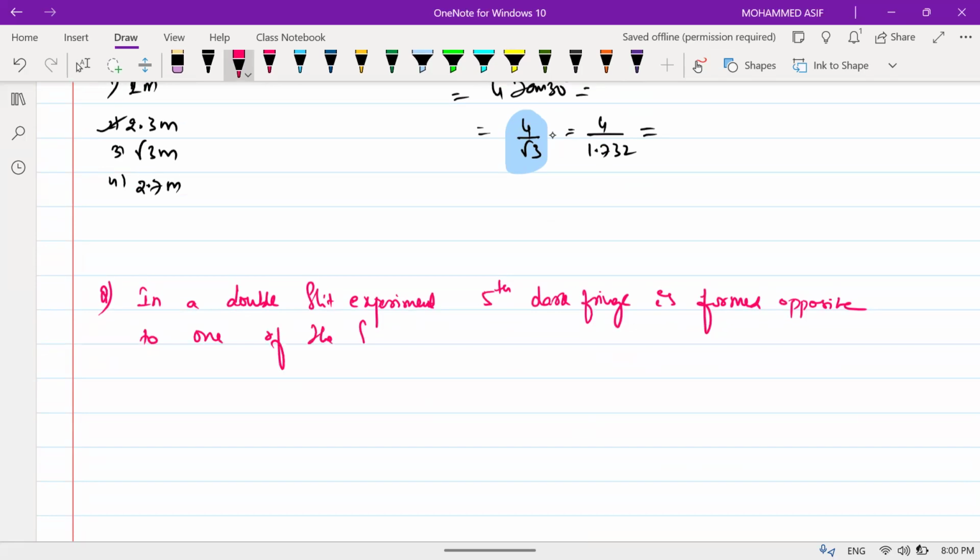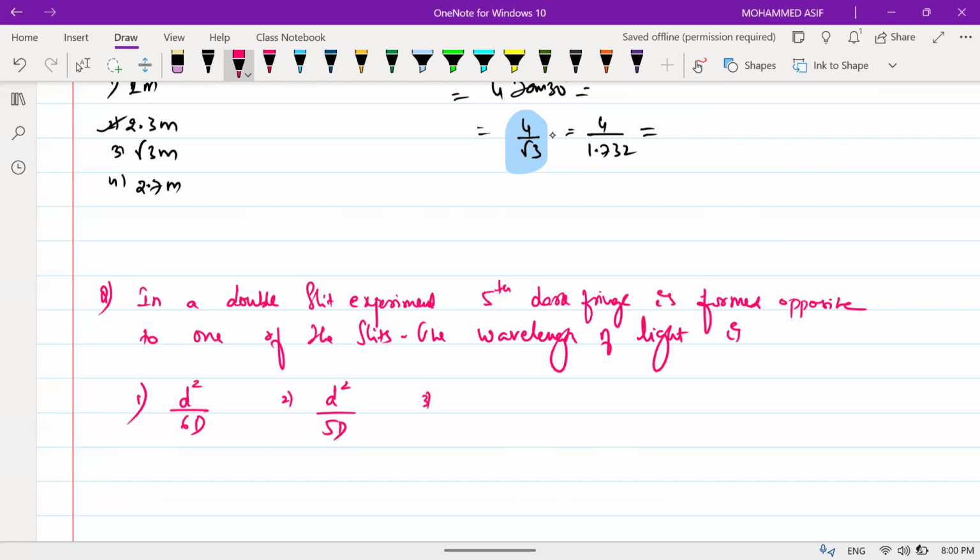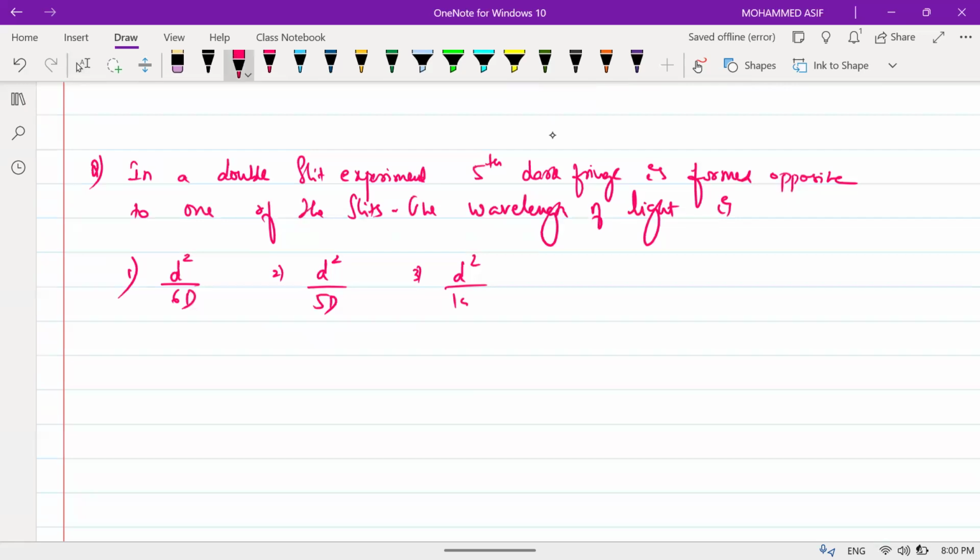The wavelength of light used is? First option is d square divided by 6D, d square divided by 5D, d square divided by 15D, and fourth option is d square divided by 9D.